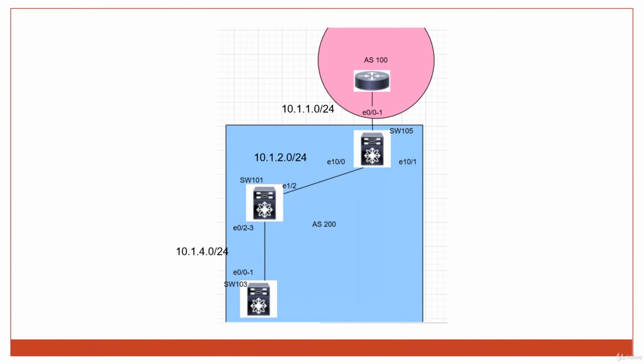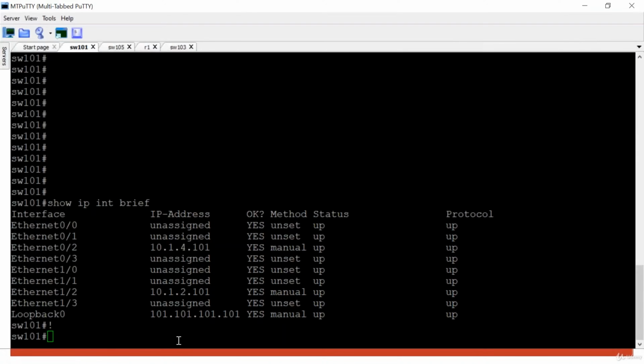Router 1, which is inside AS100, has loopback 1.1.1.1. All the switches have loopbacks matching their names. For example, here you can see the loopback IP, then the interface IP, then the interface IP.